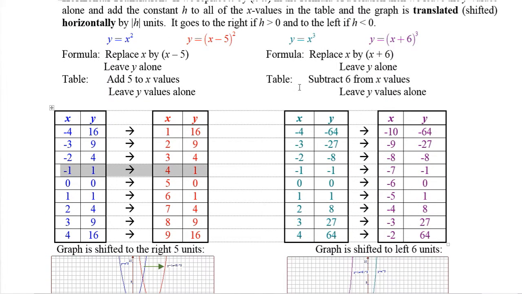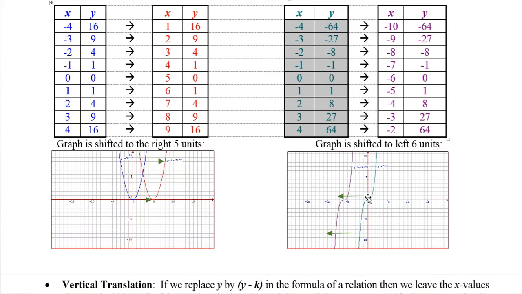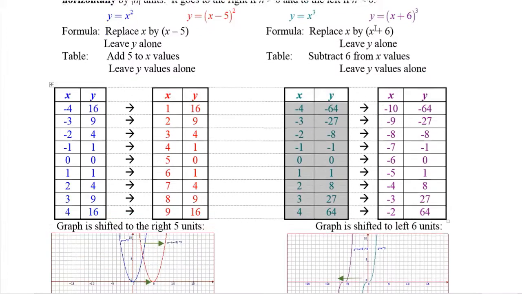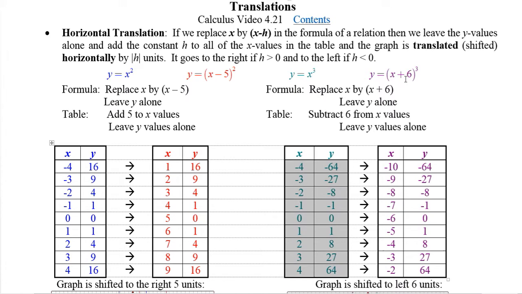Similarly, if we take y equals x cubed, here's a table for y equals x cubed, part of the points there, and here's part of the graph for y equals x cubed, this one right here. And if you notice, what we do here is we leave the y's alone. I'm replacing x by x plus 6 in the formula, so what we really do is subtract 6 from x in the table.